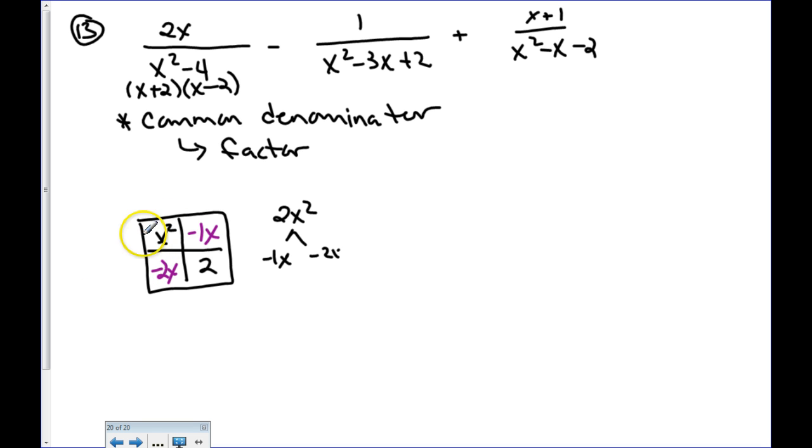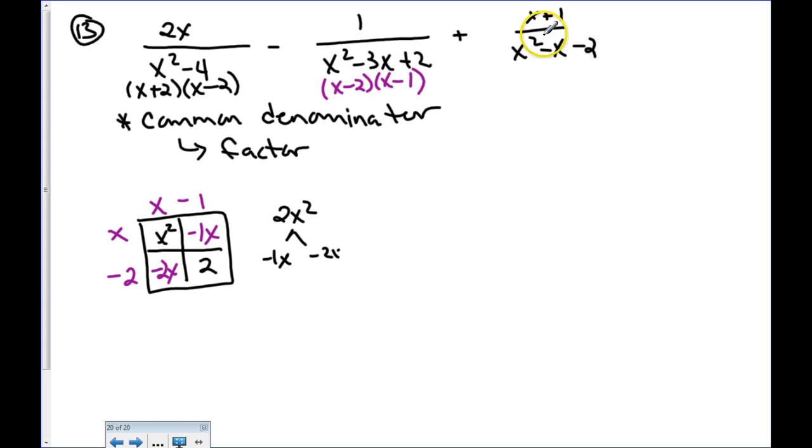So what can I factor out of the top? An x. What can I factor out of the bottom? A 2. Left side. Right side. 1. So my factors here are x minus 2 and x minus 1.